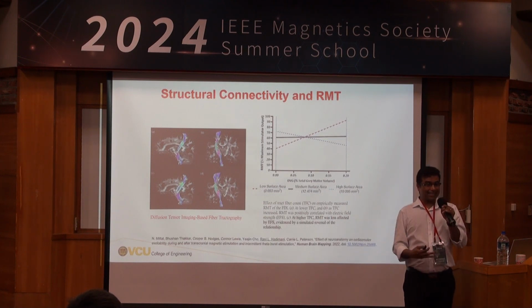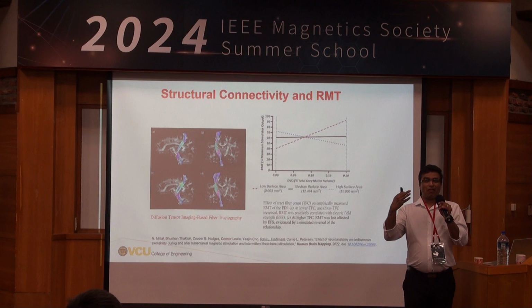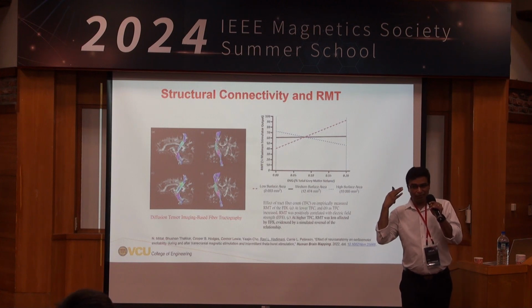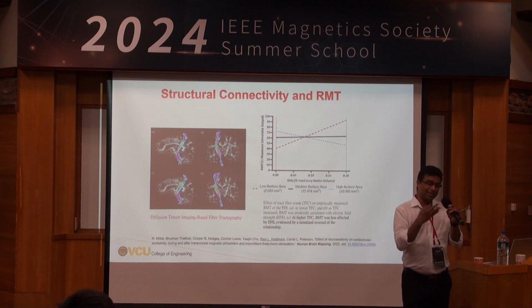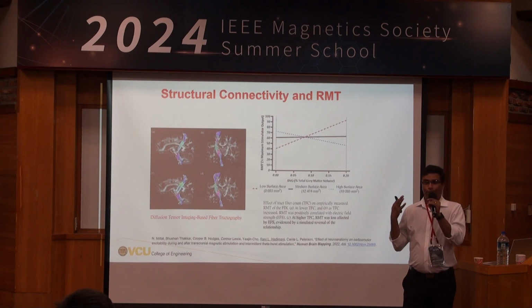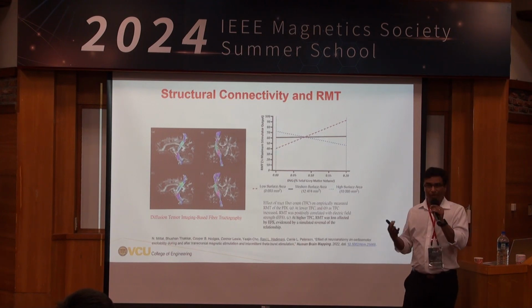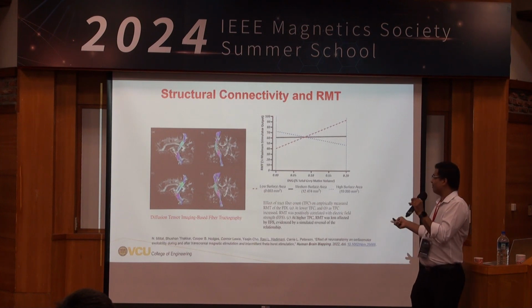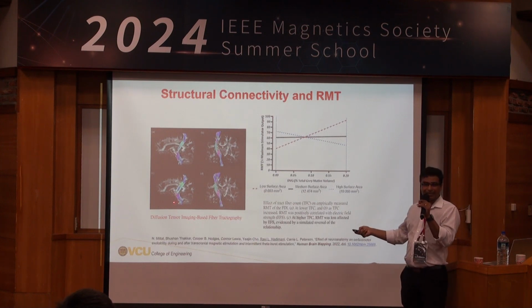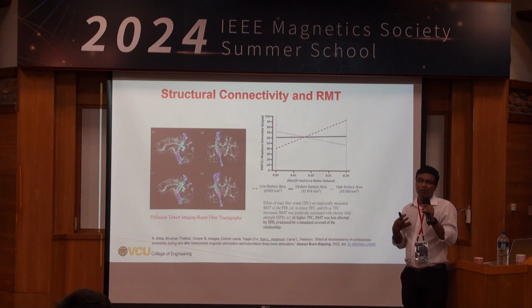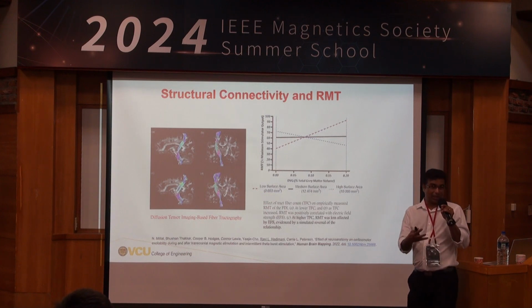What that tells us is, yes, the structure of the brain influences your dose, which is taken care of in clinic, but there are other parameters which are functional or structural connectivity, and also other functional connectivity parameters, which I'll talk about later.